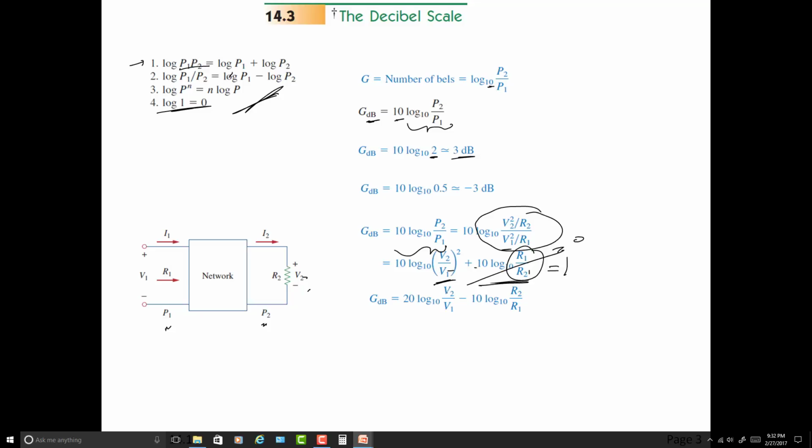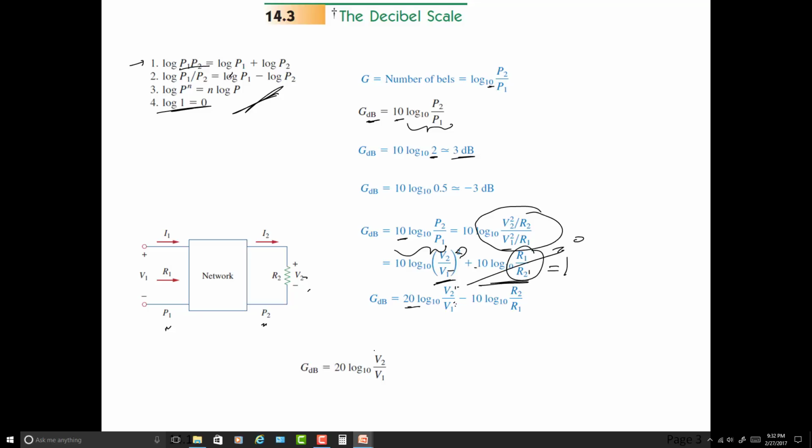And when we do that, we're left with, on the left side, we take the power off, and instead of 10 log, it becomes 20 log of the voltage ratio, right? So what happened here is the power ratio in decibels is 10 times the log of that ratio. The voltage transfer function gain in decibels is 20 times the log of the ratio of the voltages.